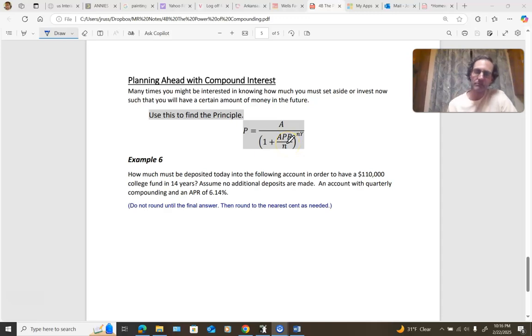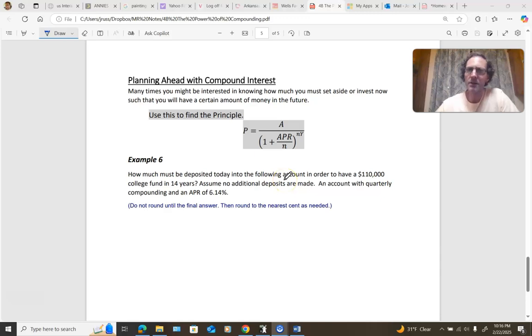This example is similar to the one I gave. It says, how much must be deposited today in the following account in order to have a $110,000 college fund in 14 years? Assume that no additional deposits are made.